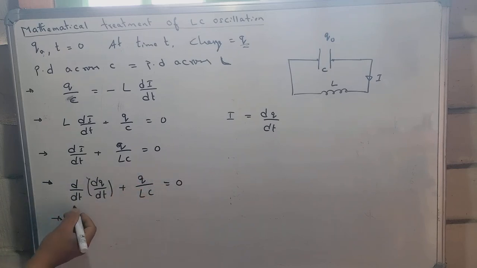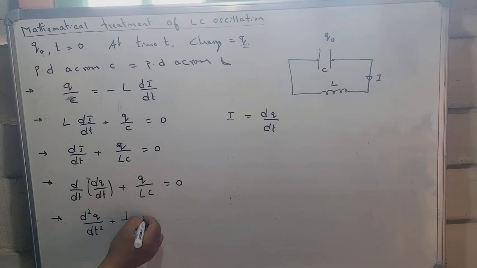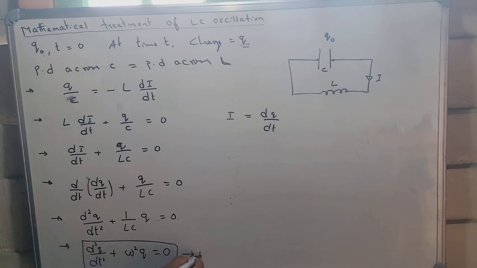This is equivalent to d2q upon dt square plus 1 upon LC times q is equal to 0. Or I can say d2q upon dt2 plus omega square times q is equal to 0. I'll name this equation 1.